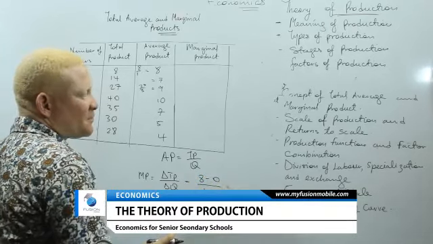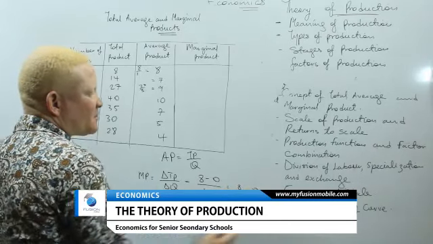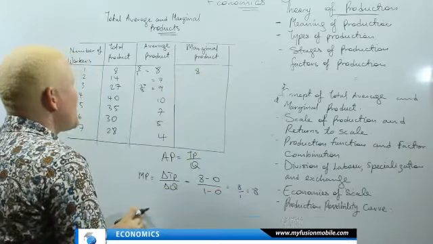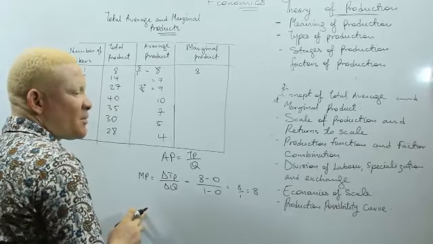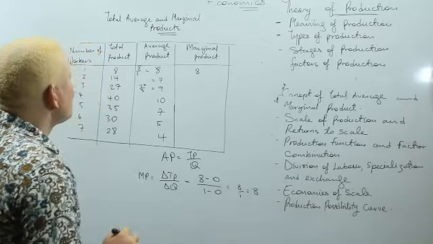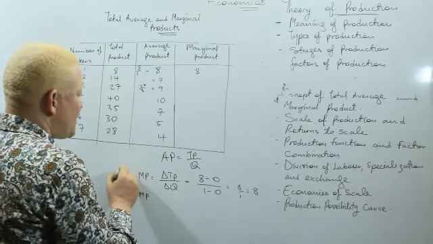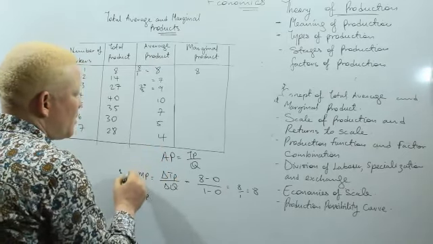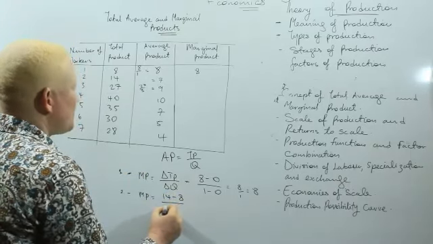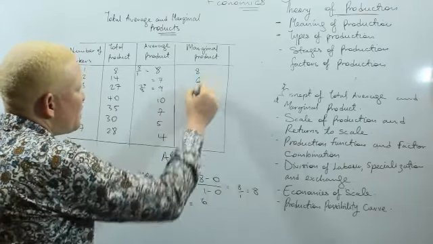That is 8 over 1, which is 8. So I still have 8 here. Now the second part of it, for MP at 2, MP will be 14 minus 8 divided by 2 minus 1, and that is 6. So we have 6 over here.